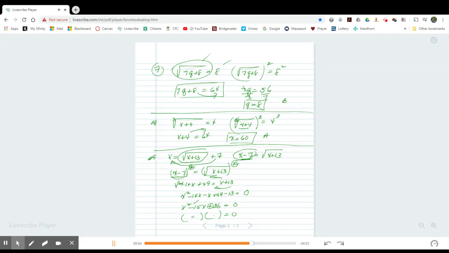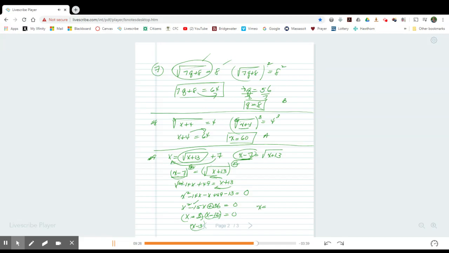So my 2 solutions: if x minus 3 times x minus 12 equals 0, either x minus 3 equals 0 or x minus 12 equals 0, giving me answers of x equal to positive 3 or positive 12.